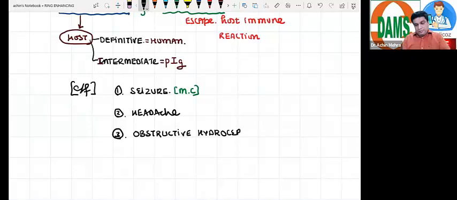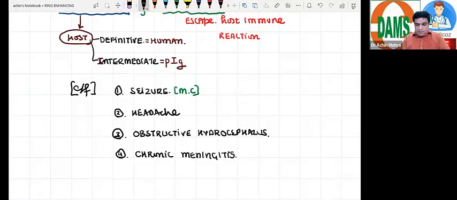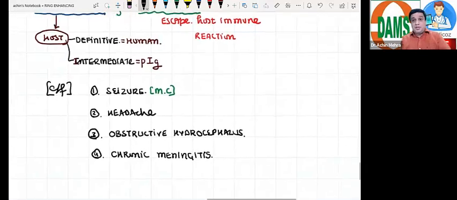Fourth, the racemose form, that means it sits in the brain for a longer time, can even cause chronic meningitis. So these are the common symptoms of a patient of NCC who is going to come to you.